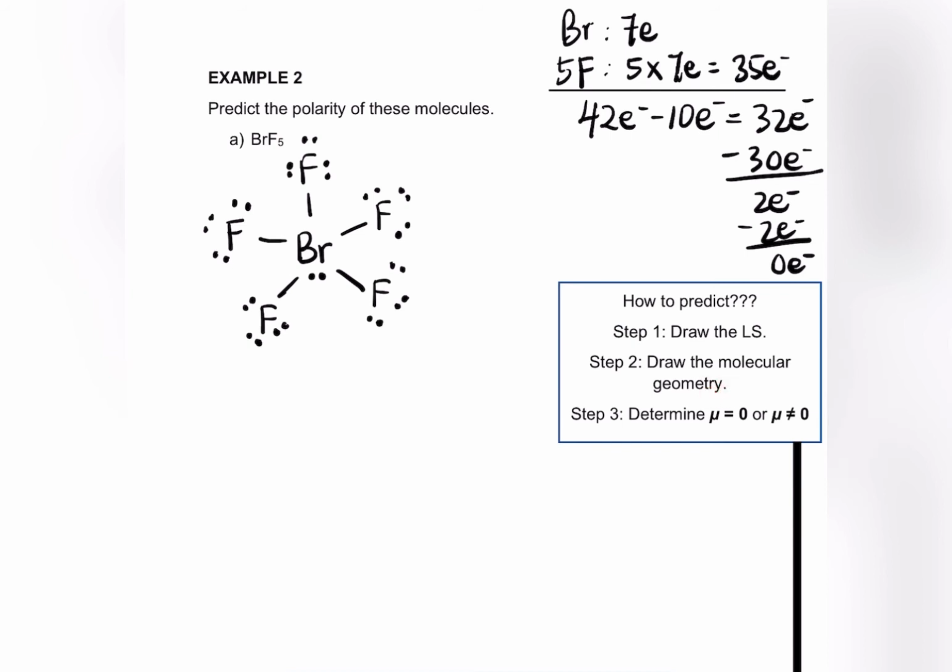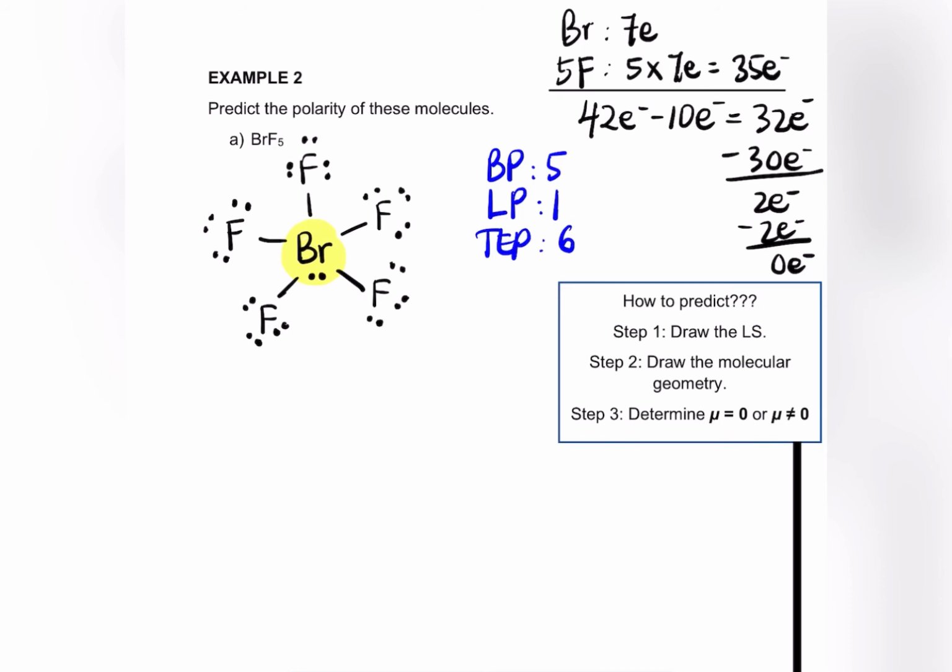So molecular geometry kita akan determine from bonding pair. So kita ada bonding pair untuk BrF5 sebanyak 5. Kita ada lone pair sebanyak 1. Dan semuanya ini bergantung kepada central atom awak. Okay, and the next one, total electron pair akan dapat 6.